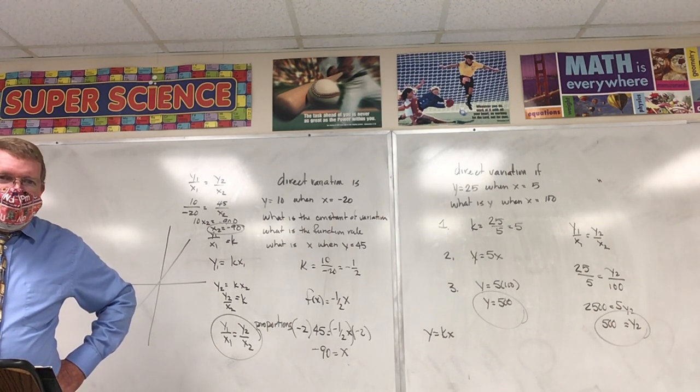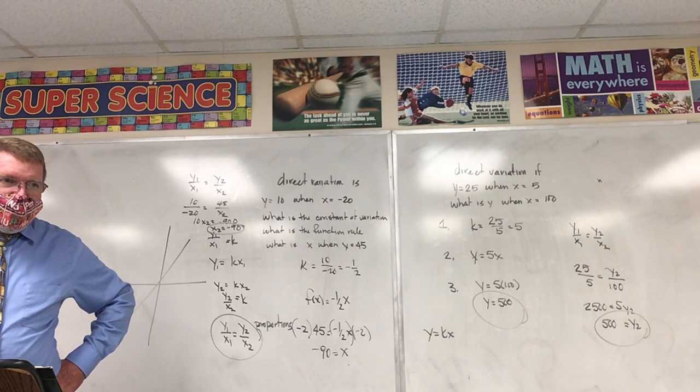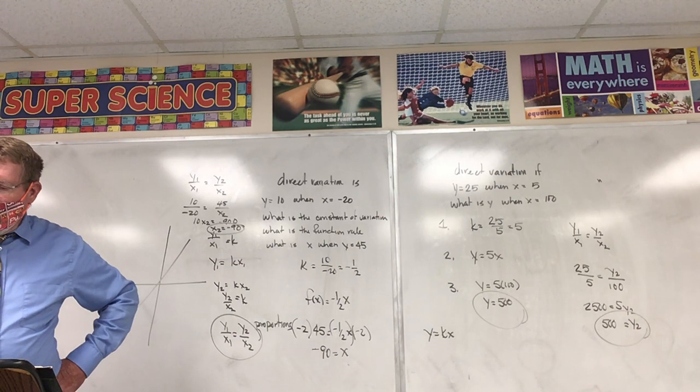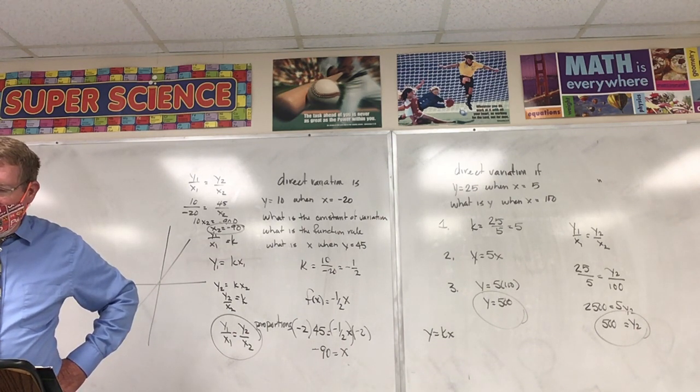I'm looking to see if what is the same. My constant, my k, is the same. How do I find my k? y divided by x. So I'm going to take each pair of points, do y divided by x.